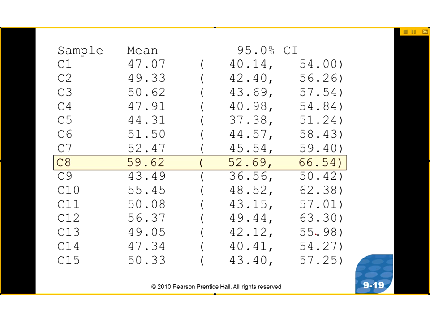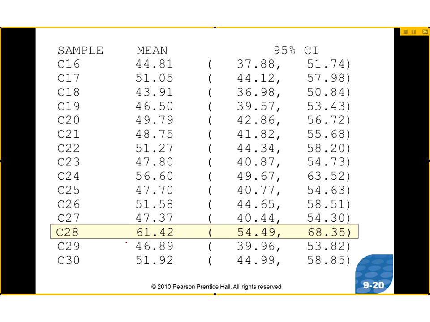So look, here's our sample, like sample 8, right here that's highlighted. The mean of sample 8 was 59.62, which means this 95% confidence interval only went from 52 to 66. But remember, we're looking for confidence intervals that contain the mean of 50. That one doesn't. Sample 28, their sample mean was 61.42.